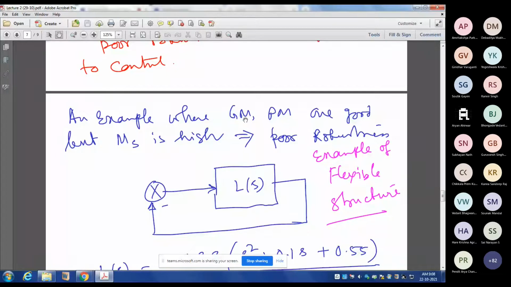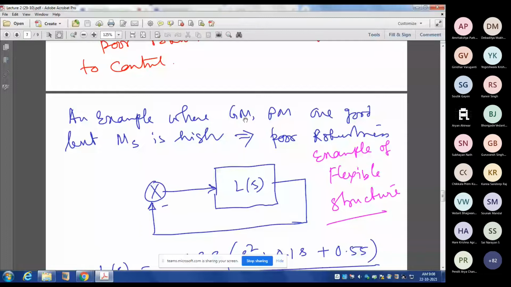For a good design, your damping should be at least 0.3, in between 0.3 and 0.7 or 0.8. That's why phase margin should be greater than or equal to 30 degrees. So for a good design, gain margin should be at least plus minus 6 dB, and phase margin should be greater than or equal to 30 degrees.